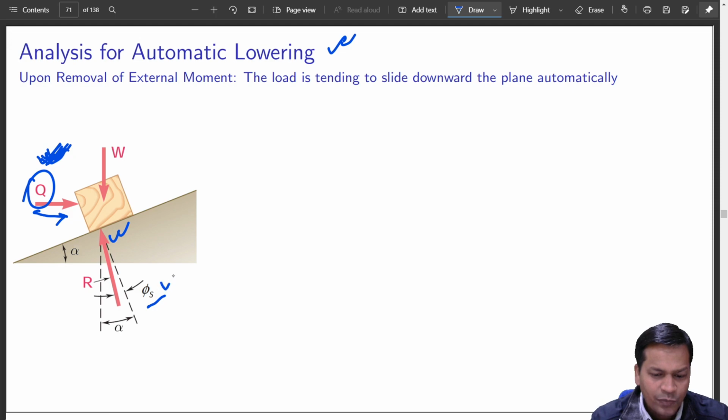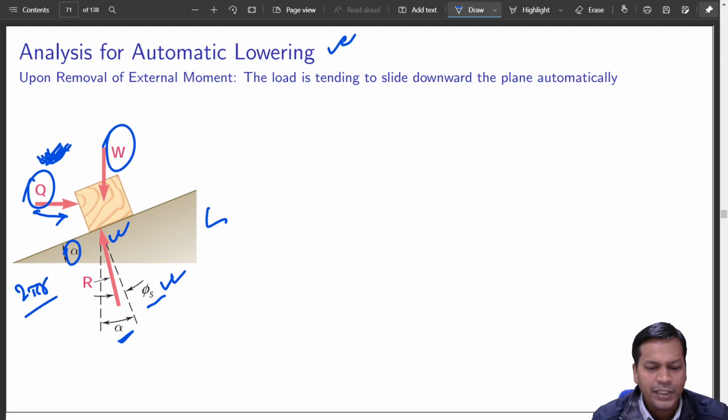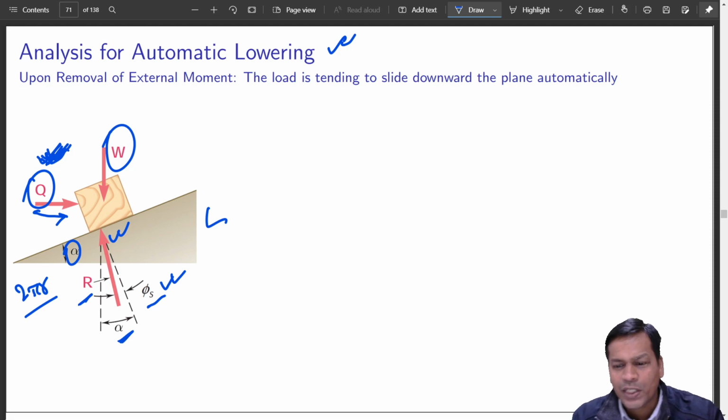This is the angle of friction. This is because of the angle of inclination. This is L, this is 2 pi r, everything is as it is. W is the load that is acting from the top. R is the reaction force, that is this. So the load is tending to slide downwards the plane automatically.